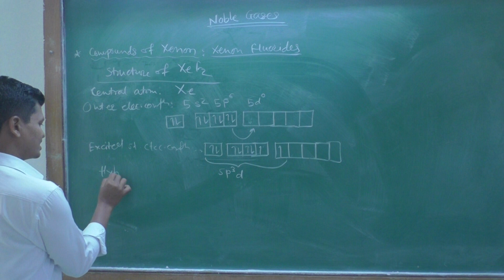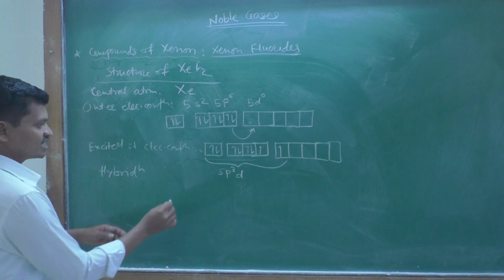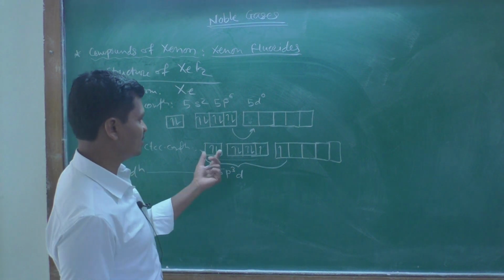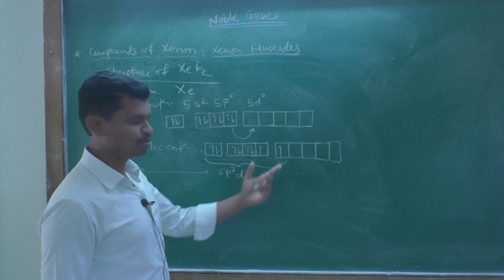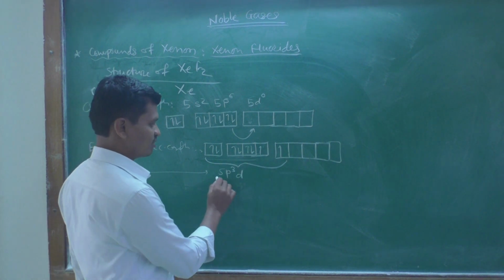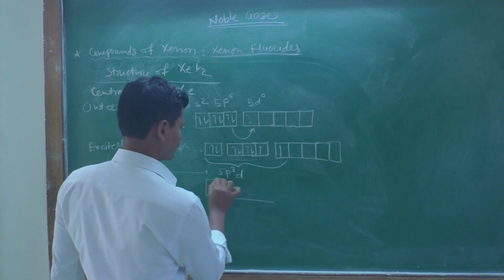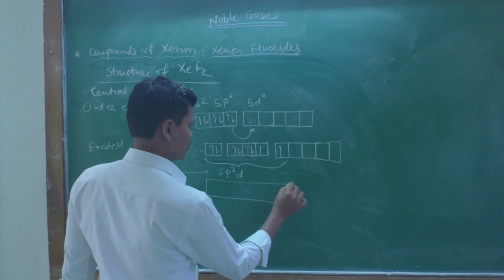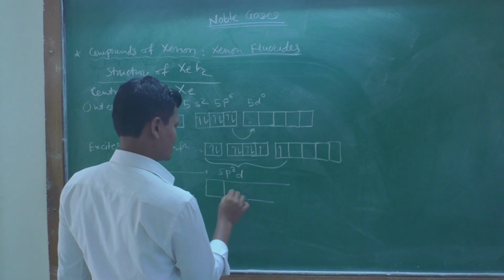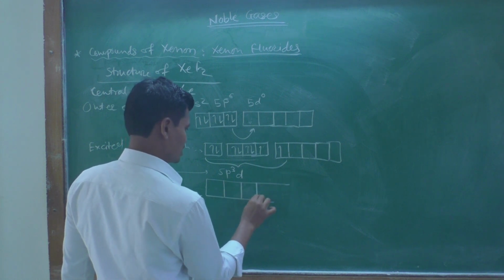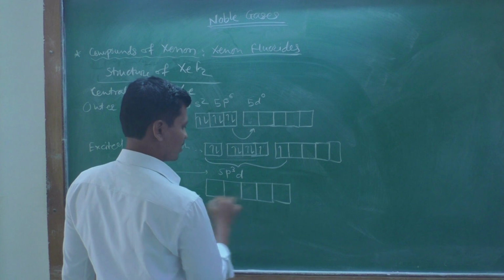So sp3d hybridization takes place, one s, 3p and one d orbital, and there is a formation of 5 hybrid orbitals, 1, 2, 3, 4 and 5, okay.